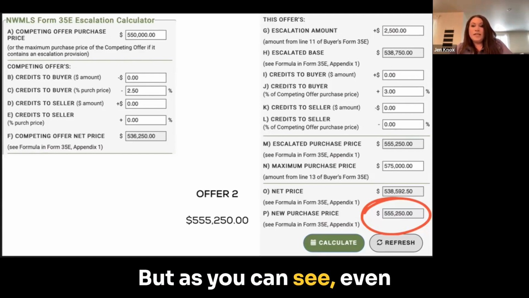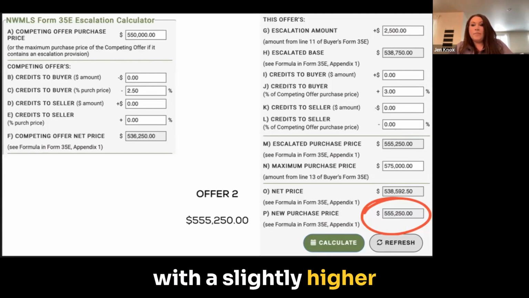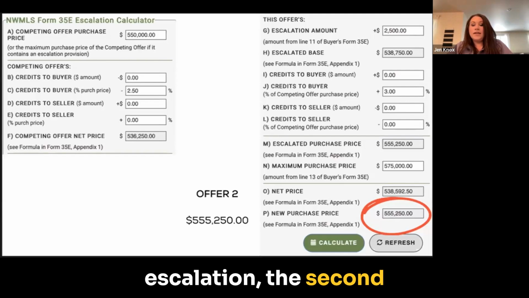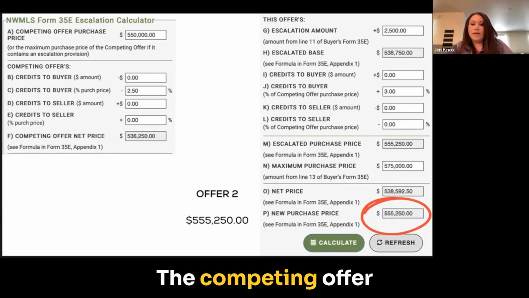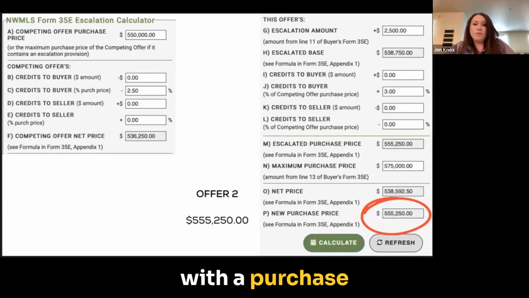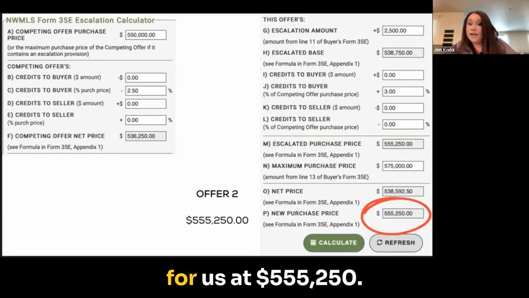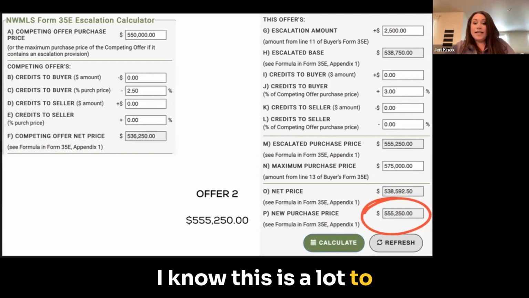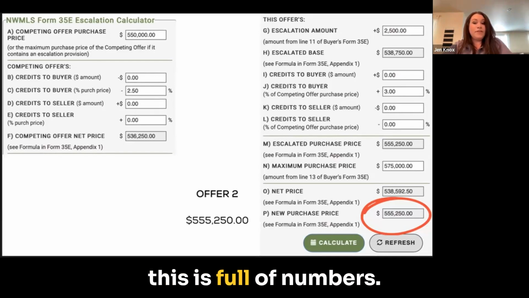But as you can see, even with a slightly higher compensation being asked for, because the purchase price was higher with the escalation, the second offer would have won, with a purchase price pre-calculated for us at 555,050.